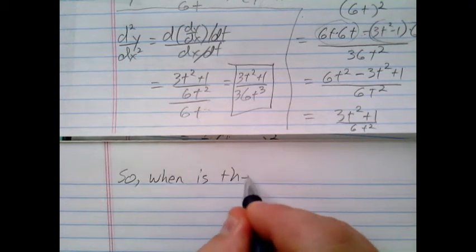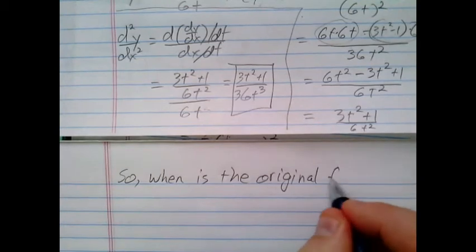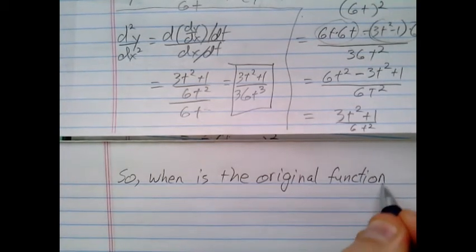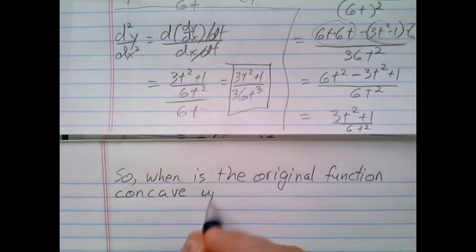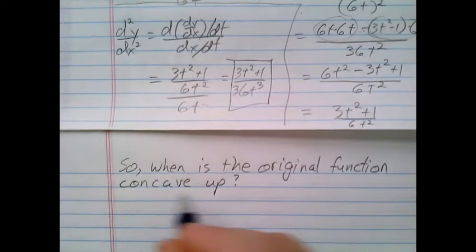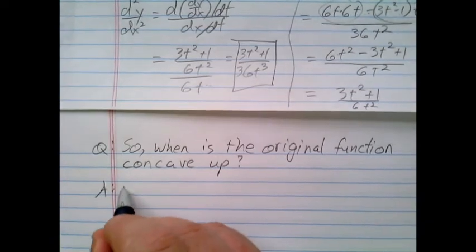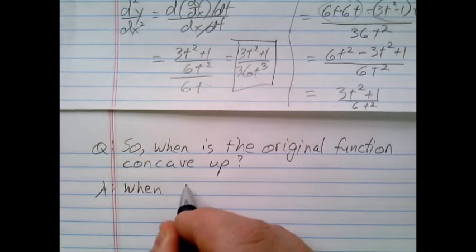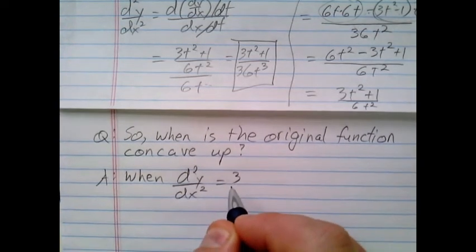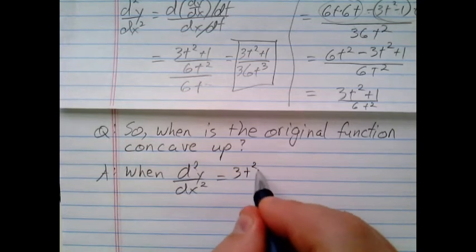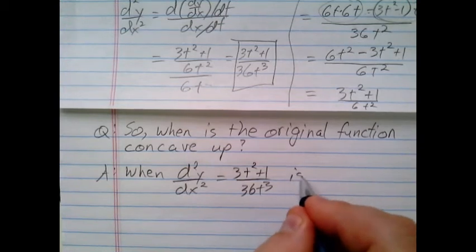So when is the original function concave up? We'll say that's a question. Answer to that question: when the second derivative, d squared y over dx squared, which is 3t squared plus 1 over 36t cubed, is positive.